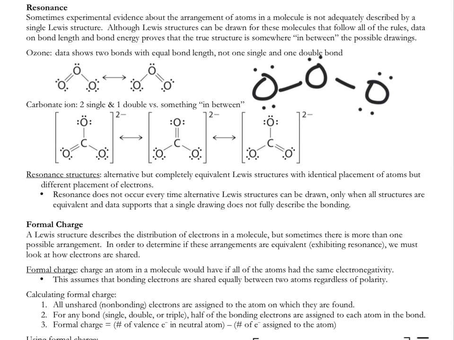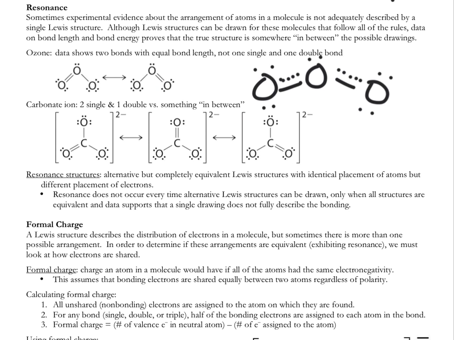The data says that it's not a single and a double, but somewhere in between, so we could draw this, and I'm going to try to do this. I've failed a few times at this, but we can draw that as a dotted line there and a dotted line there, implying that it's almost as if we have a 1.5 bond here and a 1.5 bond there, or that the double electrons are floating back and forth.